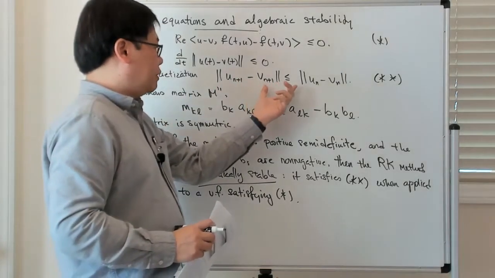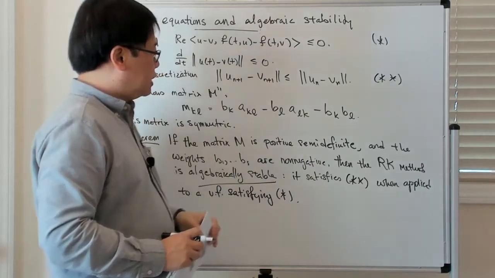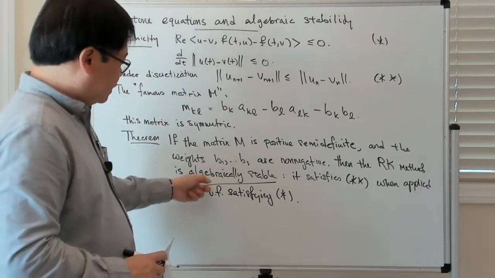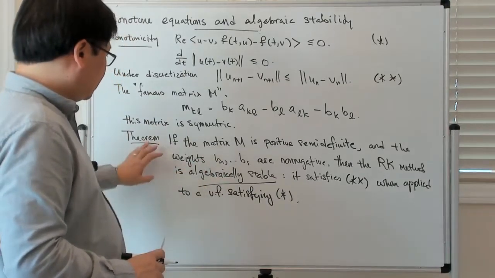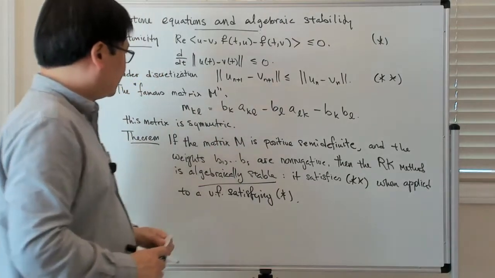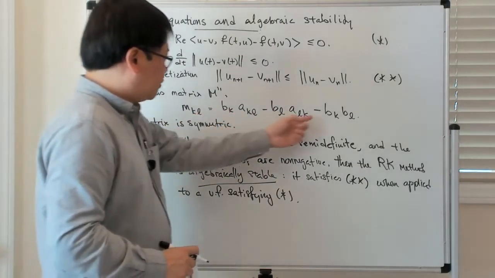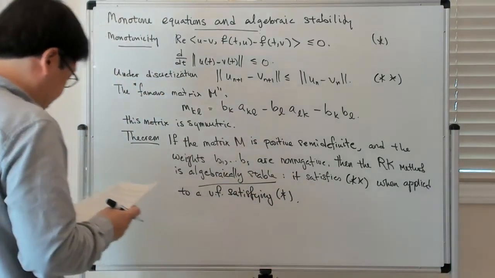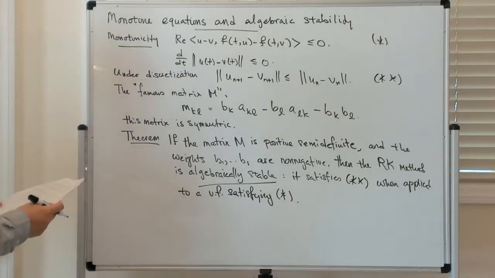And the analog of that property, of course, is this inequality here. All right, and if the method does indeed do that, then we say it's algebraically stable. Okay, and the theorem is basically saying that if this famous matrix M is positive semi-definite, then this Runge-Kutta method is going to be algebraically stable. All right, so let's try to prove this.